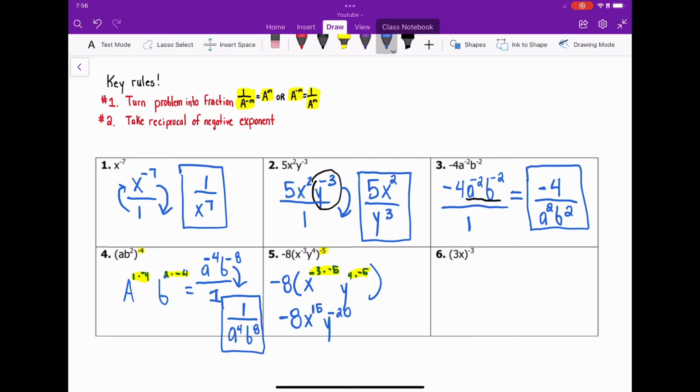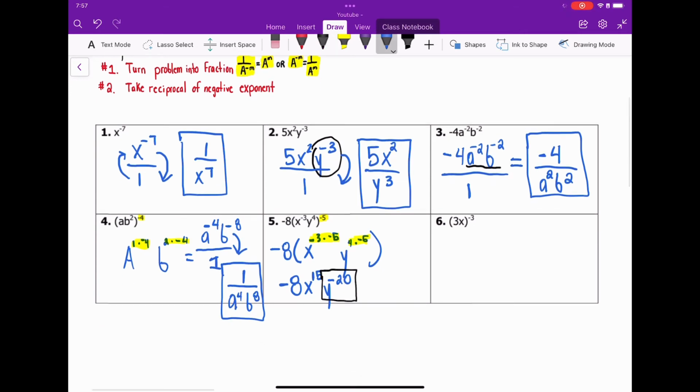So, like I said earlier, we only take the reciprocal for the negative exponents. And the only negative exponent we have right here is going to be y to the -20th power. So, rule number 1, from those two key rules, tells us to turn this into a fraction. So, I put everything all over 1.